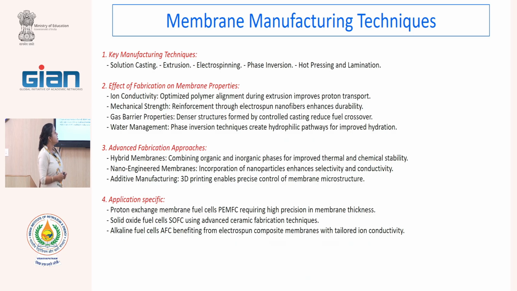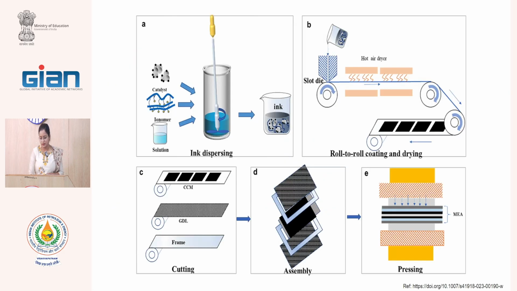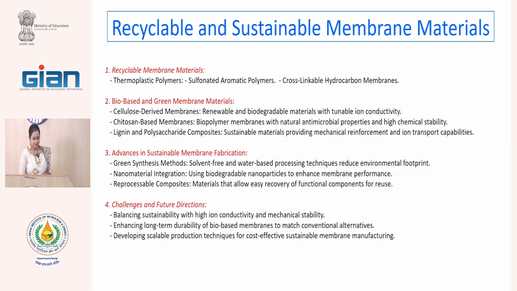So we have nano engineered membranes, and 3D printing to enable precise control. 3D printing is very popular nowadays. Layer by layer assembly, coating, extrusion, coating and hot pressing are some of the very commonly used or latest factors of this. Okay.